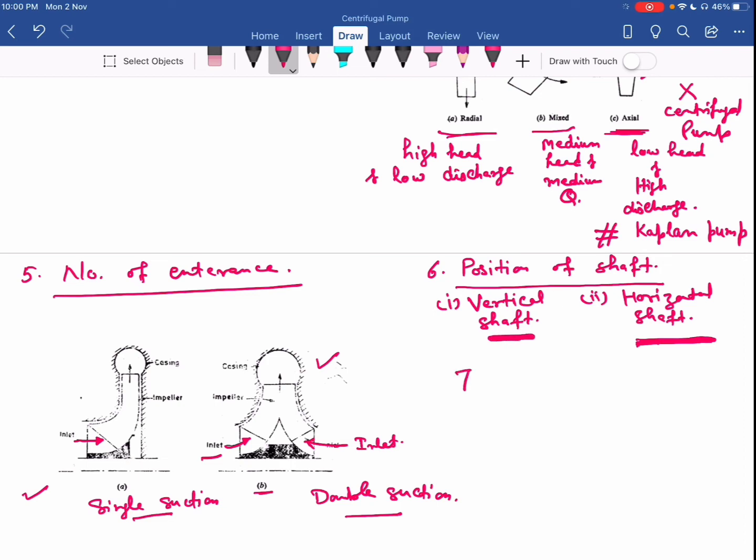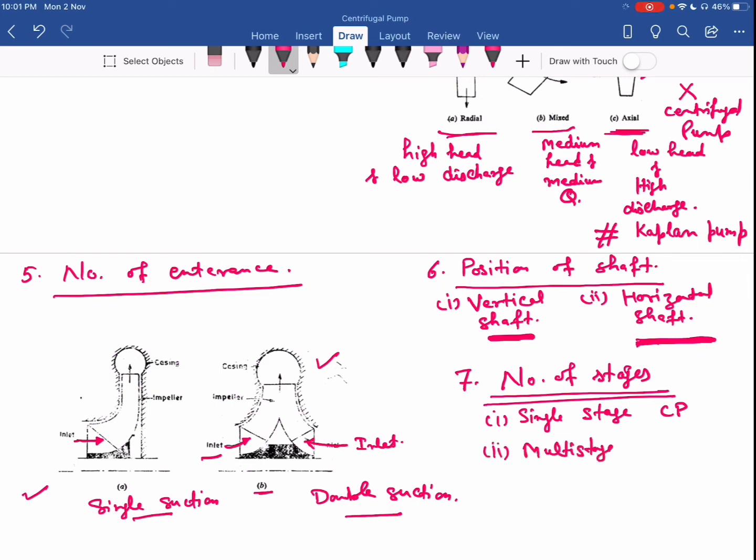Okay, and then the last one is on the basis of number of stages. According to this classification, we have either single stage centrifugal pump, or multi-stage centrifugal pump.